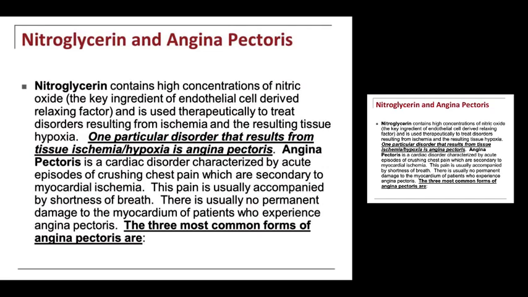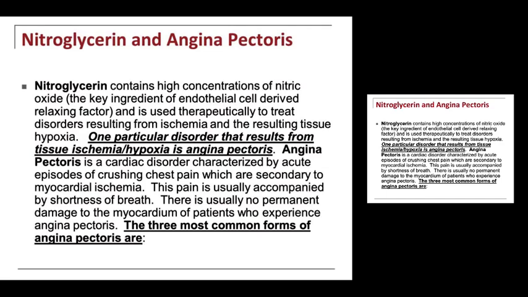So they use it therapeutically to treat disorders resulting from ischemia and resulting in hypoxia. Ischemia is when there's decreased blood flow to an area. And when it's not getting its oxygen, we say they're in a state of hypoxia, less oxygen.